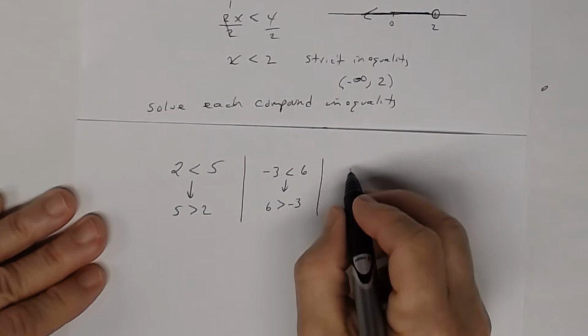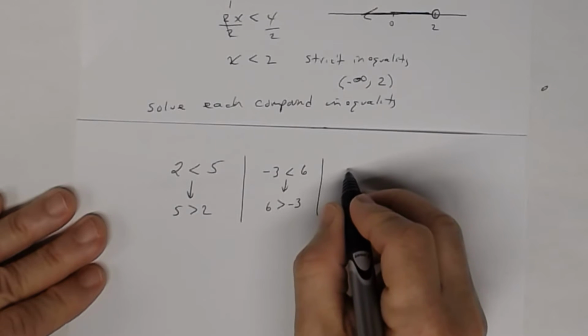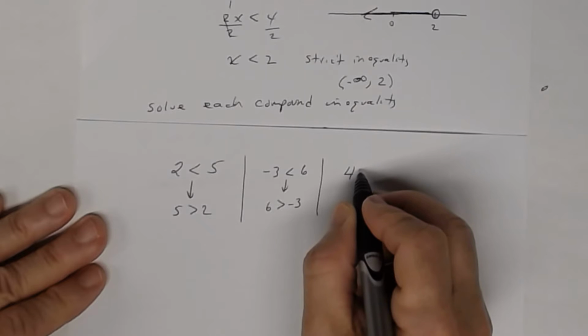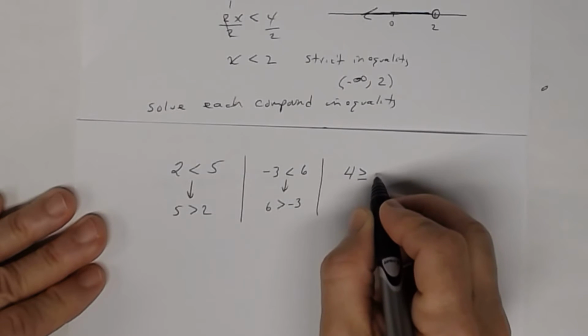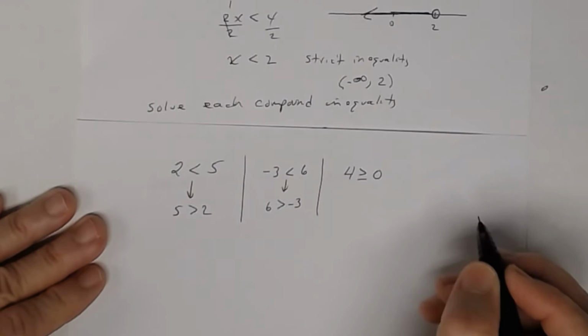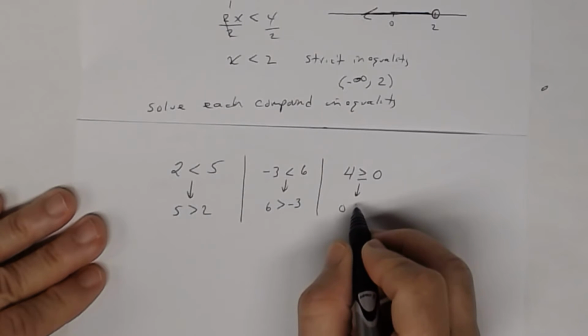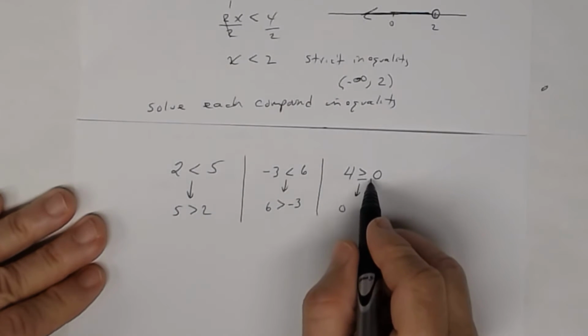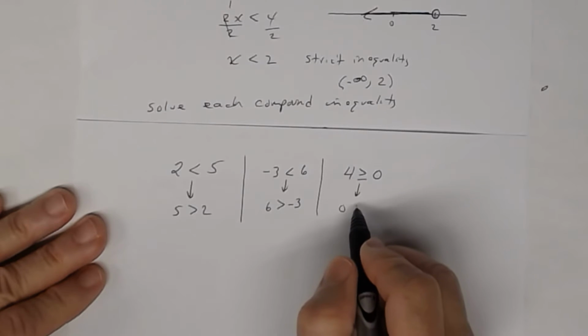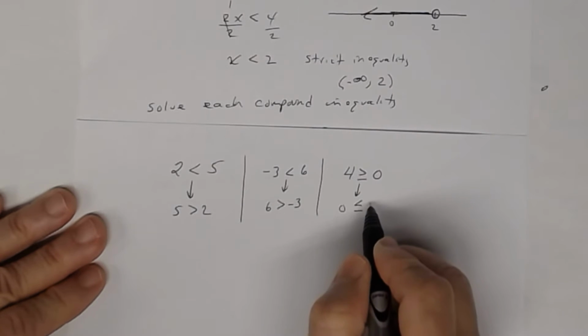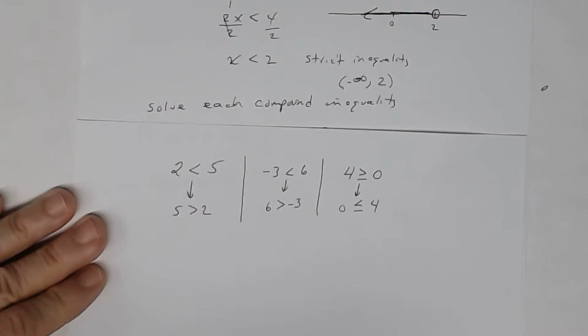If I tell you 4 is greater than or equal to 0, then what else can you say? You can also say 0 is what? So if I tell you 4 is greater than or equal to 0, you can also say 0 is less than or equal to 4, right? Okay?